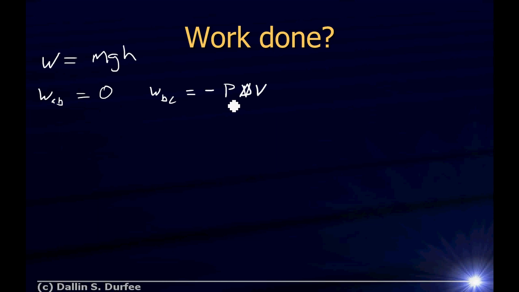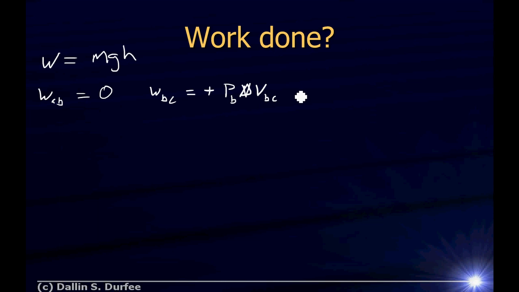In this case, what's the pressure? It's going to be the pressure at B, and the volume changes as we go from B to C. But I'm going to get rid of this minus sign. Why? Because remember, with heat engines, positive work means work coming out of the system, not work going into the system. So I have to change the sign of my work.